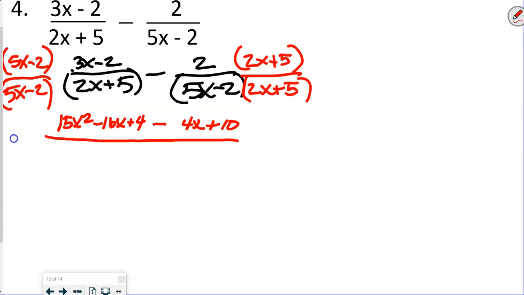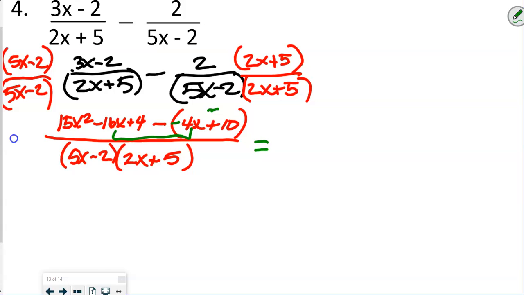And all of this is going to be over 5x minus 2, 2x plus 5. All right, so now we got to remember we're subtracting this whole term, so we got to make sure this is the most common area, y'all. That's going to be a minus, that's going to be a minus, okay? So when we simplify this, we don't have another x squared, but we do have these two that are like terms, and we have these two that are like terms, right?